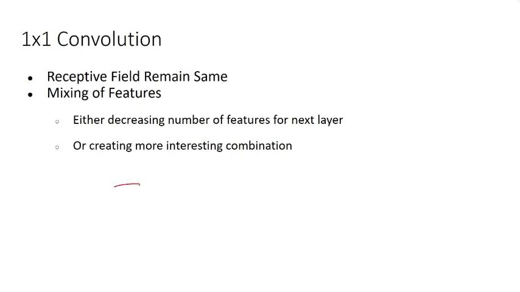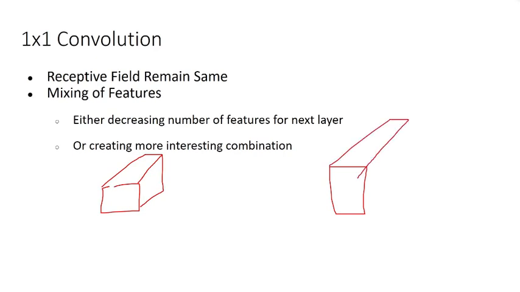So we all know that this guy, if this is a volume, and this is the output volume, suppose कर लें. This is dependent upon the number of filters, है ना? This n is dependent upon the number of filters, okay?